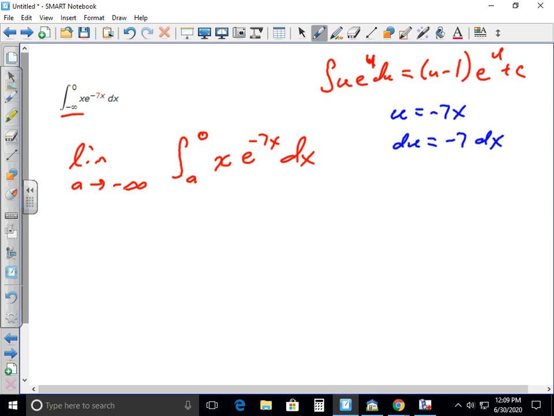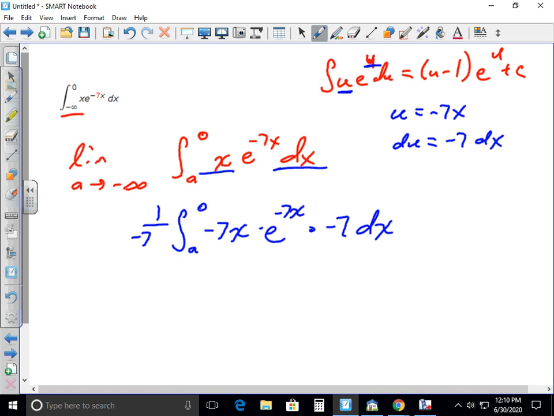If we're going to make this work, this first part has to be u, so we need a negative 7 to go with that x. So we need to put a negative 7 on bottom out front. And then that has the same exponent. Notice that's u, that's u. And then to get our du, we also need a negative 7 to go with the dx. So if we put a negative 7 there, we have to put another negative 7 on bottom.